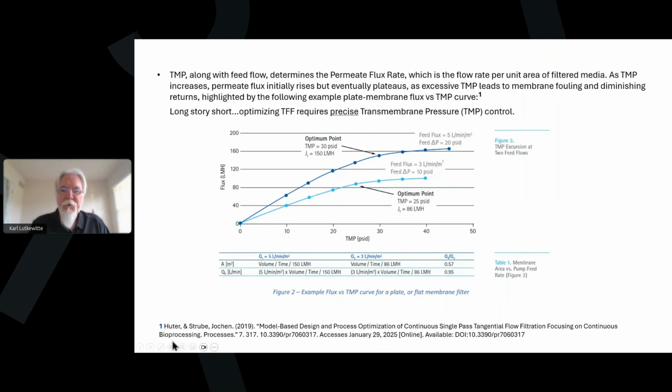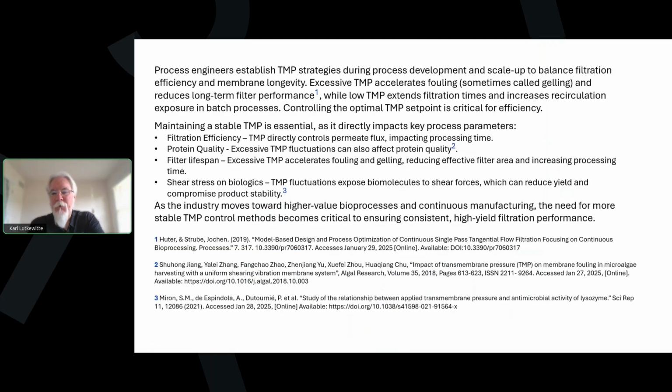So taking a look at a little bit more of the strategy as to how TFF is going to work to separate a particular biomolecule that we're after. That strategy of feed flow and permeate flux rate is determined during process development and scale up. The idea is always to balance the filtration efficiency and membrane longevity. Excessive TMP accelerates the fouling, sometimes called gelling, and reduces long-term filter performance.